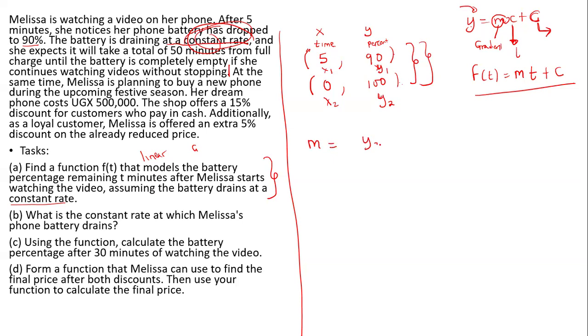So we shall say y2 minus y1 out of x2 minus x1. So our y2 is 100 minus y1, which is 90, divided by x2, which is 0, minus x1, which is 5. So we shall end up with 100 minus 90, that is 10, divided by negative 5. So our gradient will equal negative 2.